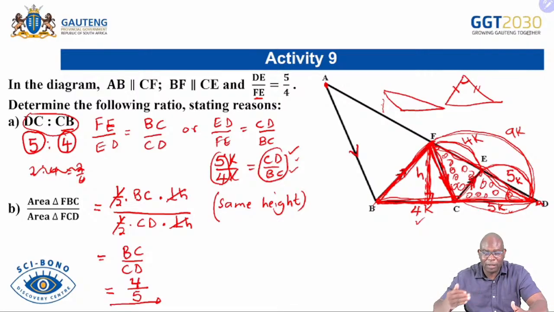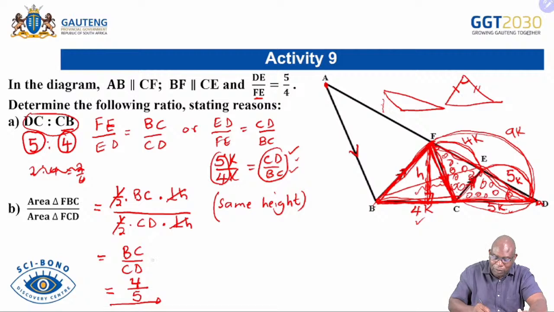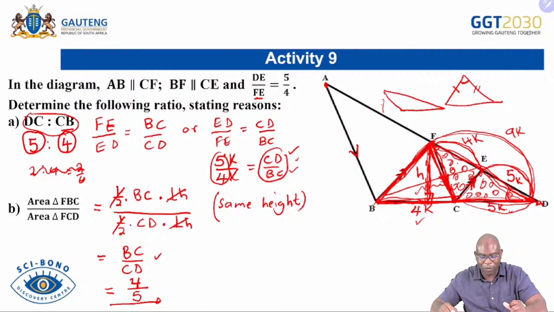If they're drawn between two parallel lines also, if I had a triangle drawn here, and another triangle drawn somewhere there, because they're in between the same parallel lines, they'll have the same height also. So the proportion for that will be their bases, and we will have BC over CD.